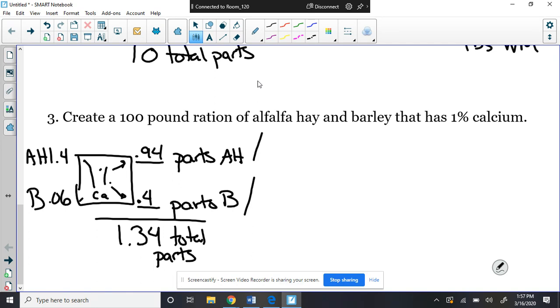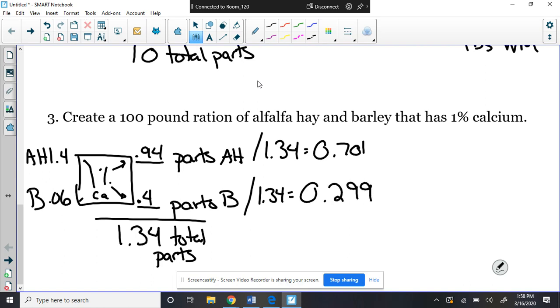So I'm going to divide each one of these by 1.34 to get my decimal value. When I divide 0.94 by 1.34, I get 0.701 when I rounded. And for my 0.4 divided by 1.34, I got 0.299.